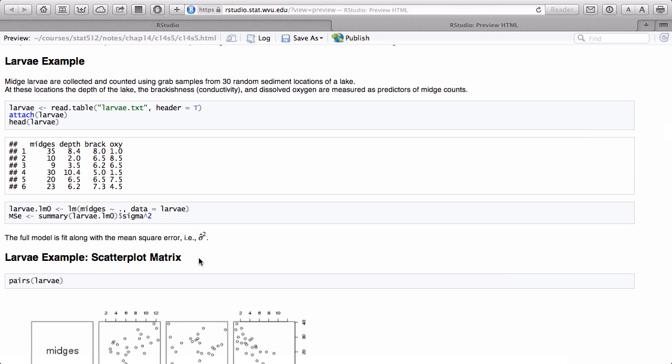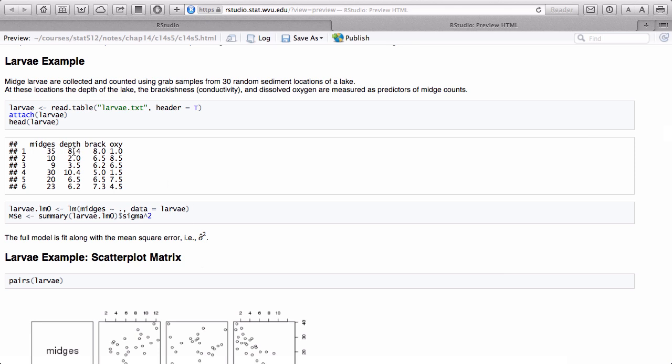Poisson is a distribution we use for count data. You get 0, 1, 2. So any given sample technically could have 0 midges, 1 midge, 2 midges, and so forth. We might want to try this same example using a Poisson regression. But we're going to assume normality. Now, if the counts are large enough, that may not be a bad assumption. But if the counts are near 0, a lot of times you have a positively skewed distribution that looks sort of like a Poisson distribution.